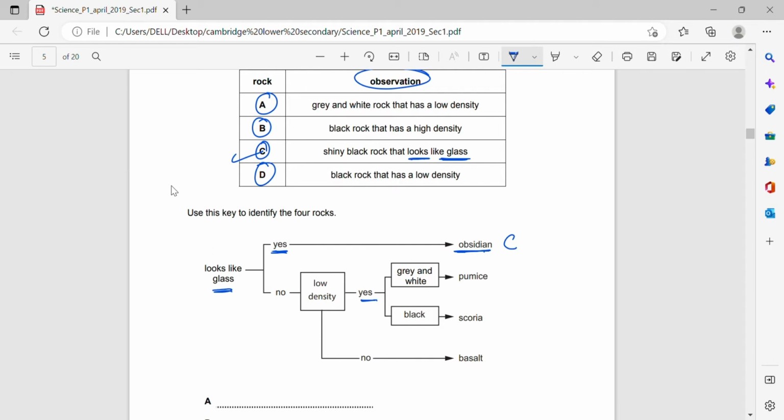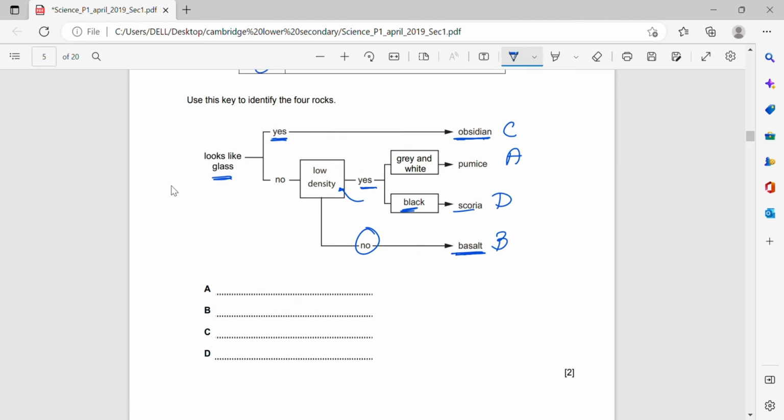Gray and white يبقى عندي البومس. طيب نشوف كده البومس فين. قلنا gray and white يبقى بتعامل مع الايه؟ مع البومس. يبقى ده number كده A. خلصنا ايه؟ طيب black rock that has a high density. هنا low density yes, low density no. يبقى مين هي البلاك روك؟ اللي باقيه لي هنا الايه الباسالت، يبقى نمبر الباسالت هو نمبر B. يبقى عندي هنا نمبر D هي البلاك روك with a low density.